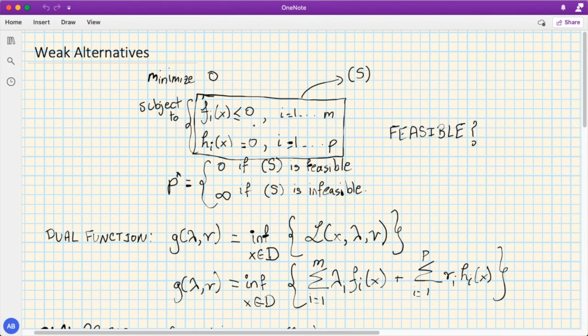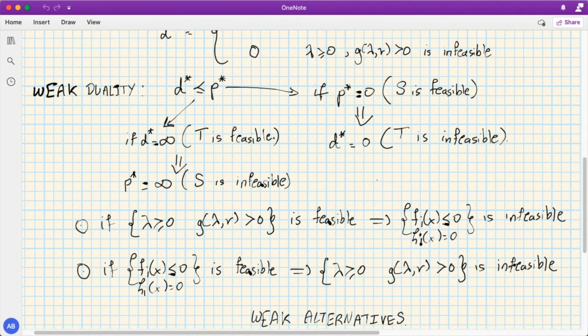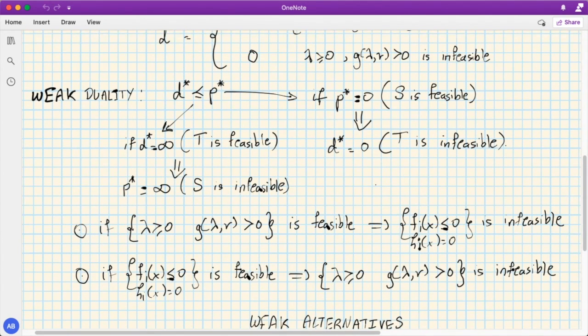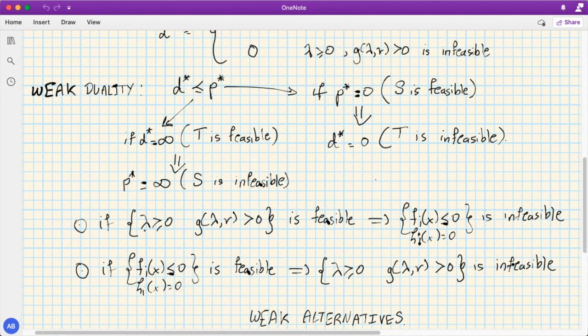So to answer this question, that is, is S feasible or not, we're going to take a look at another question, another dual question, if you will. We're going to try to answer this question using another set of inequalities with no equalities that involve lambdas and my dual function g.